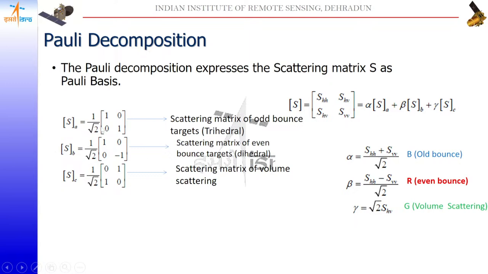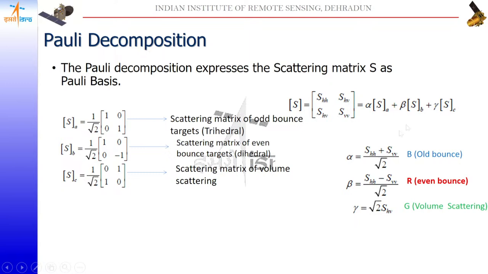Now for the decomposition, this is the matrix, and we will decompose it into first matrix, second matrix, and third matrix. We will do a linear combination of these and put some coefficients like alpha, beta and gamma, and from this we can deduce these coefficients in the form of HH and HV.